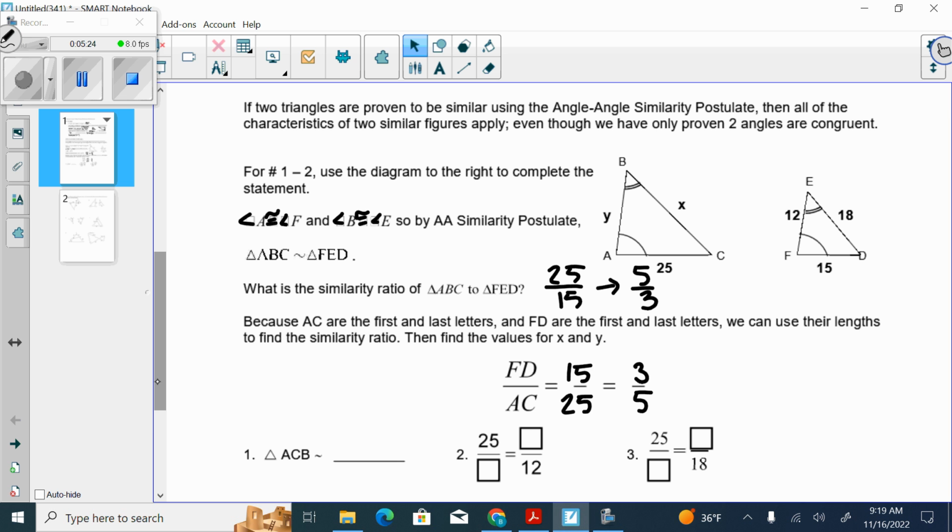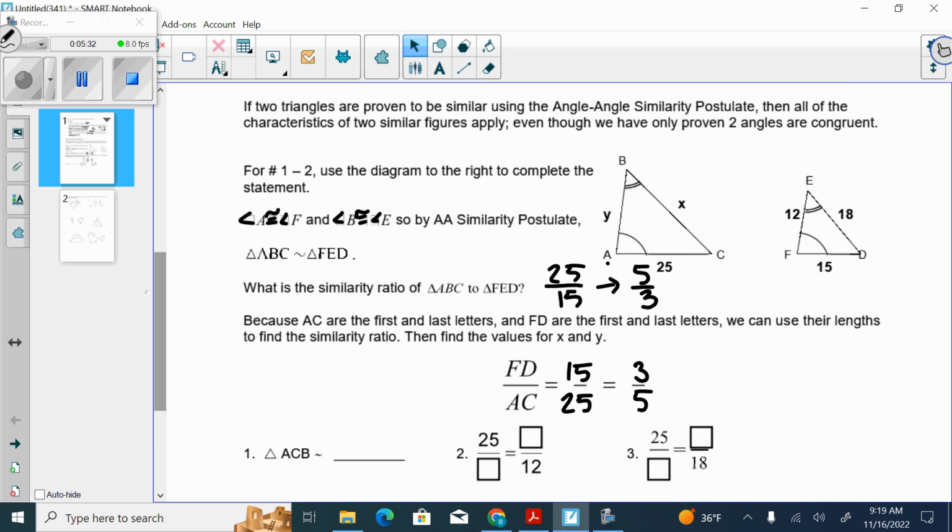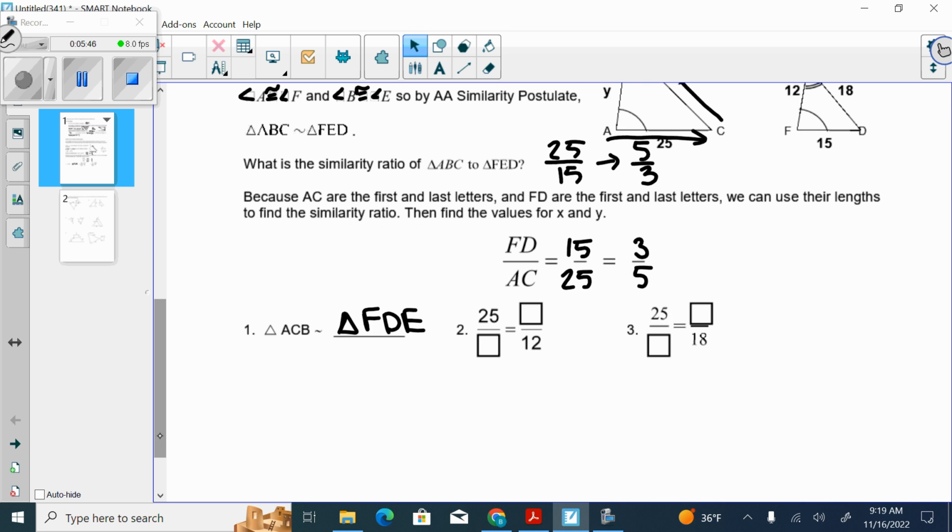Right? So, first they want us to fill in this statement, triangle ACB. So they went from A to C, C to B. So I would name the second triangle what? Good. And then I just need to fill in these ratios because they want us to solve for x and y.